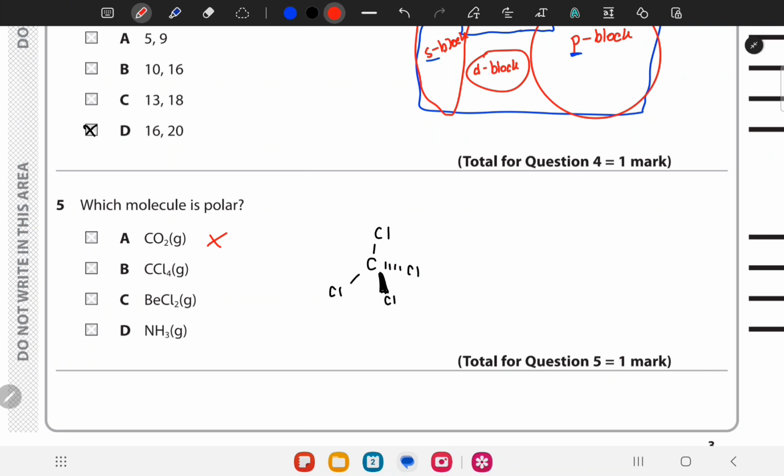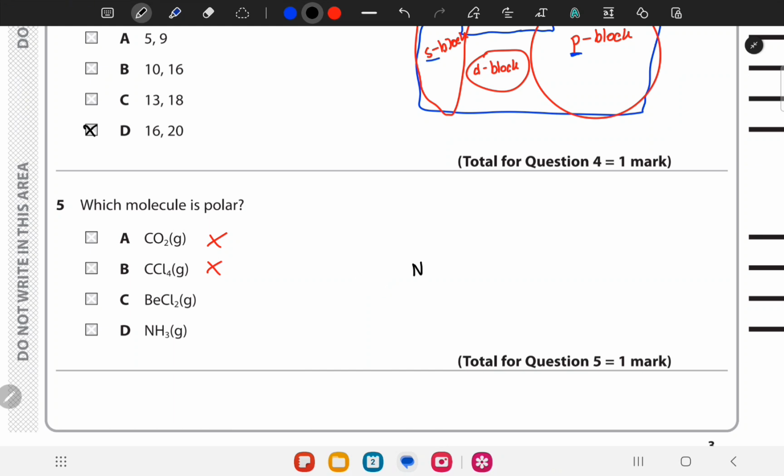The dipole moments are all equal and will all cancel out to become 0, so this will not be polar as well. BeCl2 is also non-polar because it has a linear shape.